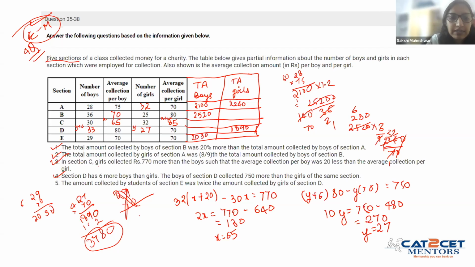So the amount collected by girls will be 3780 minus 2030. So this will be 1750. And since each girl collected rupees 70, so how many girls were there? 25.